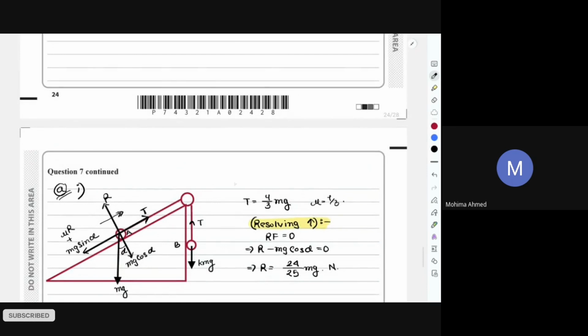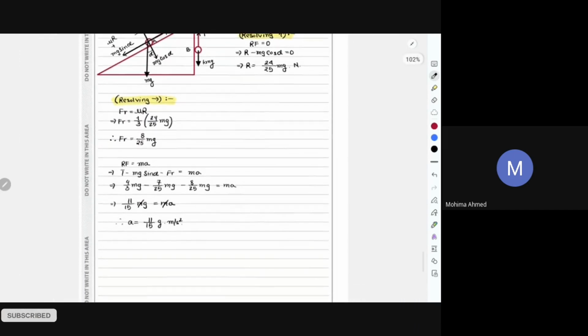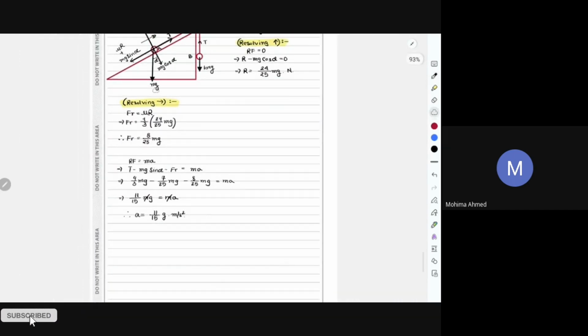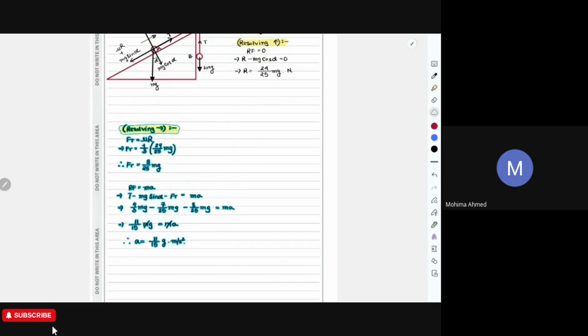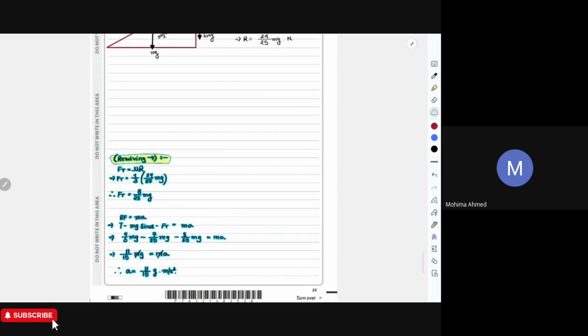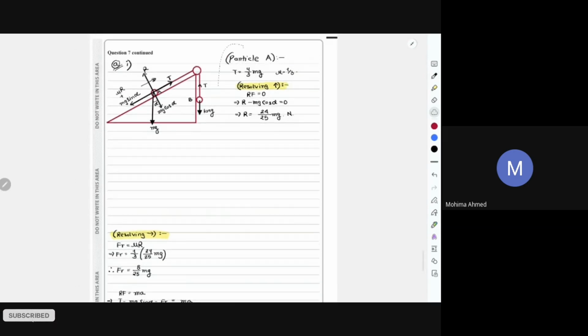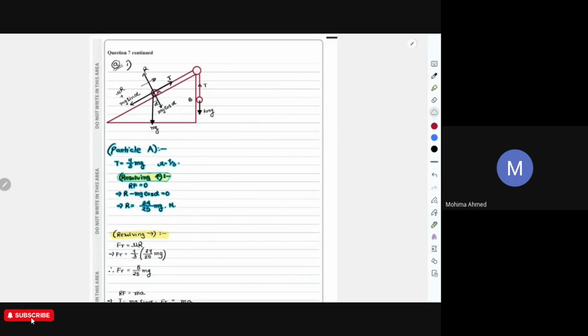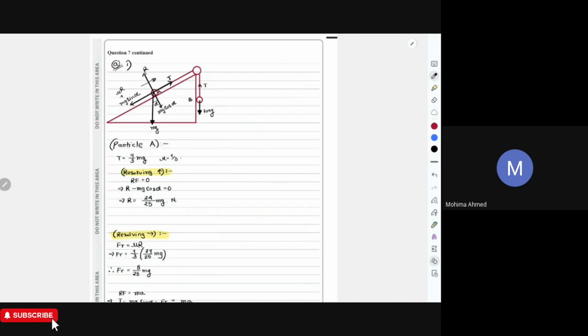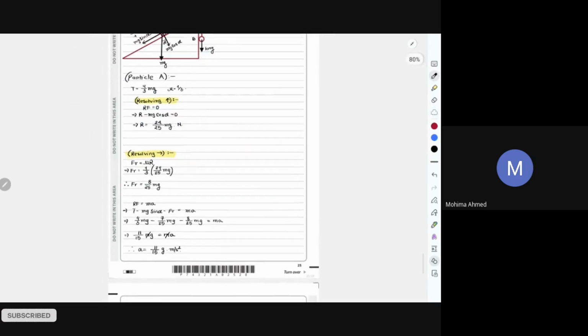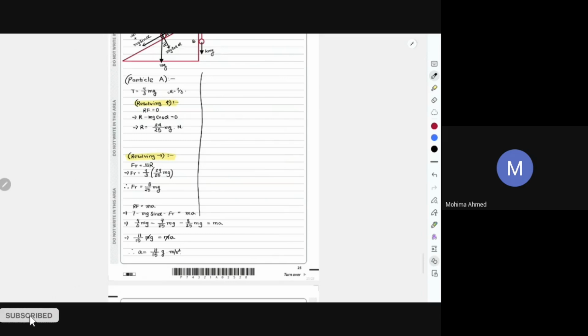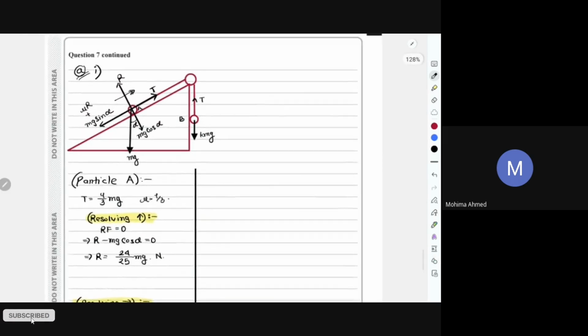So all this time I was focused on particle A. I don't want to move to a new page because we can easily get access to the diagram here. All this time I was calculating with particle A only. Now we'll focus on particle B.